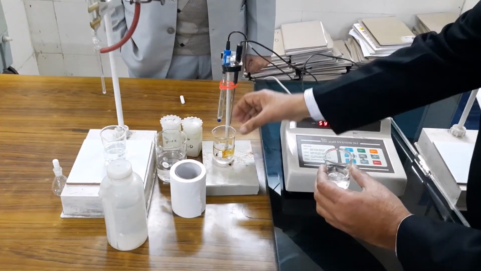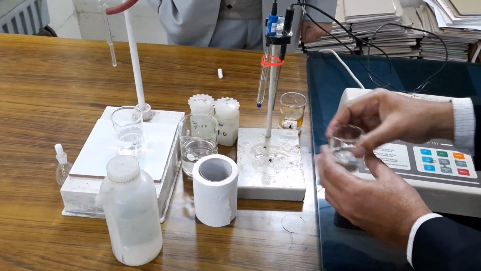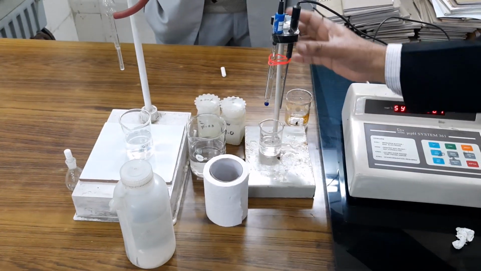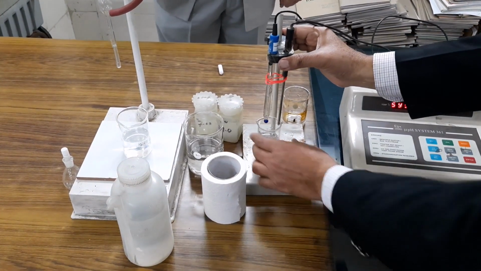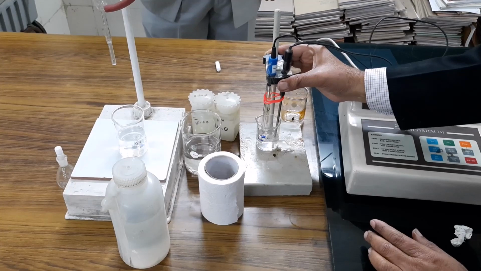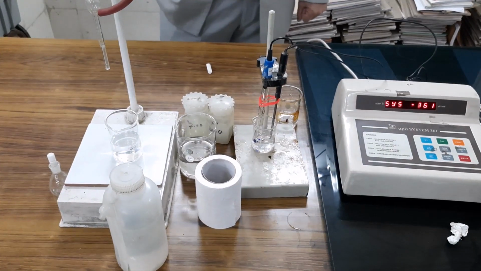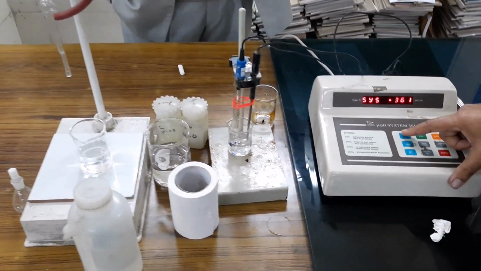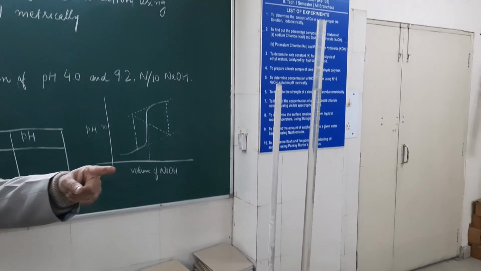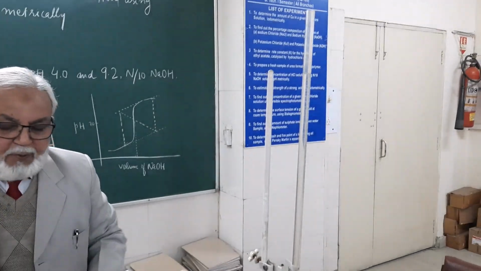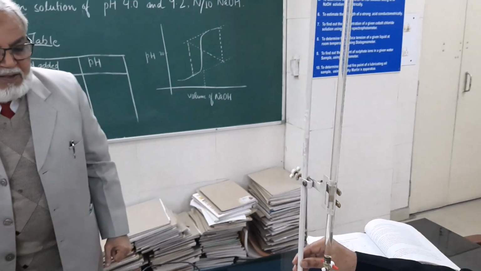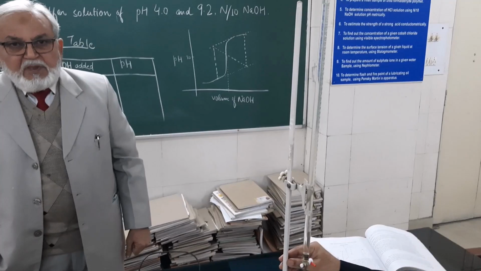The beaker is kept under the electrodes of the pH meter, and the electrodes are dipped into the solution. Standard N/10 NaOH solution is filled into the burette.